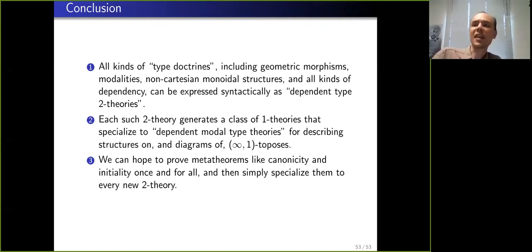That's where the type operations that appear in the doctrine are the ones that you get canonically from the fibrational structure, and that includes things like products and function types, and it also includes additive operations like coproduct types, but it doesn't include things like natural numbers types and inductive types.